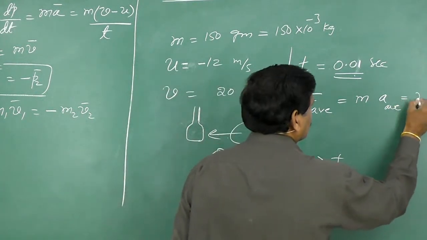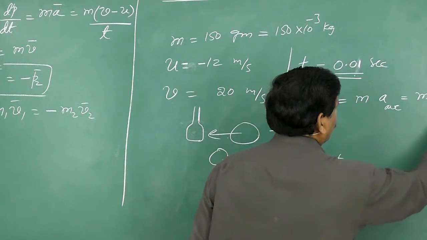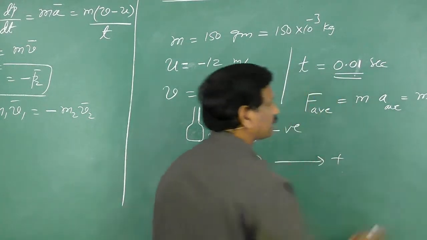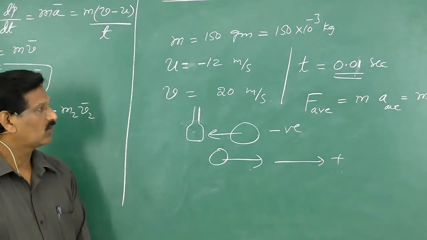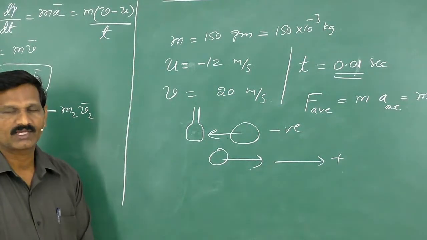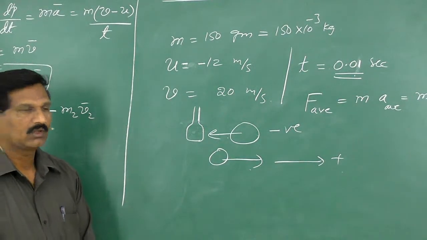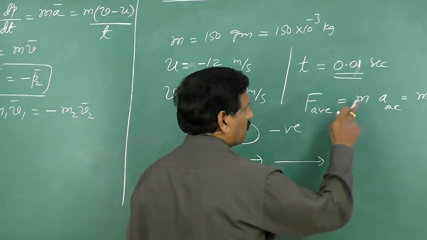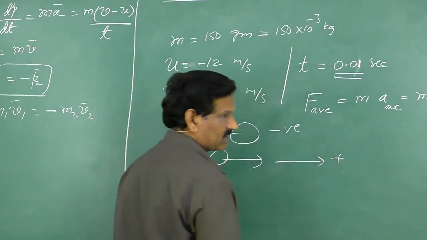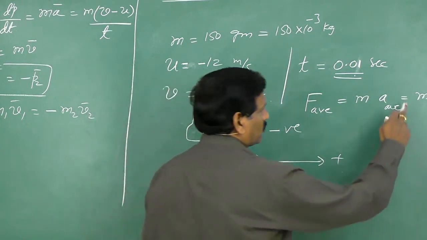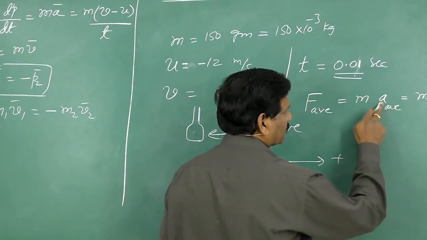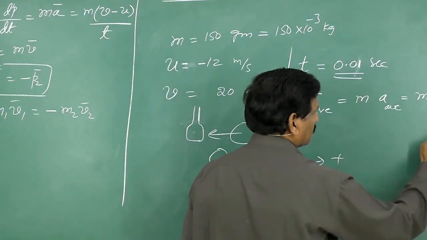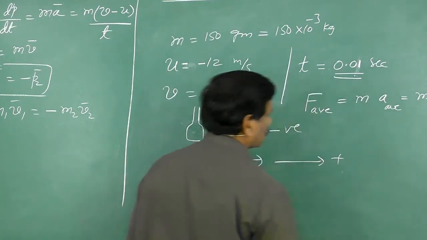Mass into average acceleration means m into (v minus u) by t. That means F average equals mass into average acceleration, which is change in velocity by time, that is (v minus u) by t.